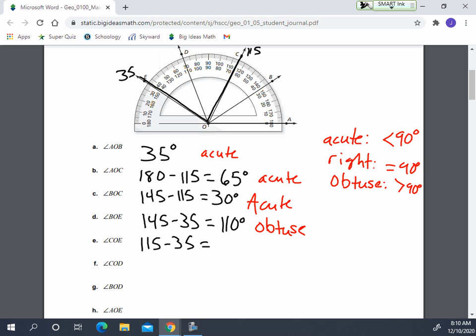Well, if I don't have my calculator, I'm not too good at this, I can just count: 10, 20, 30, 40, 50, 60, 70, 80. 80 degrees. That's less than 90, so that is acute.